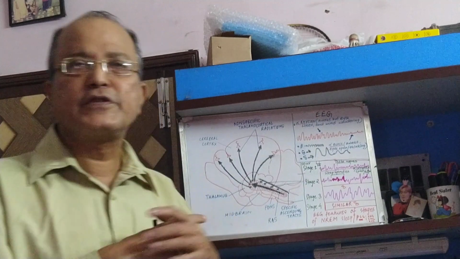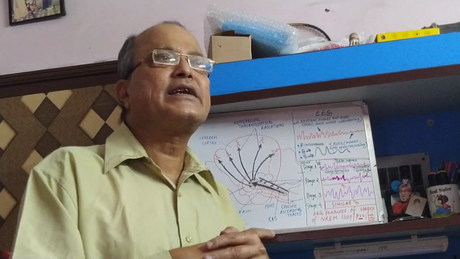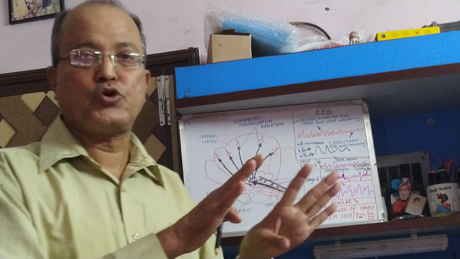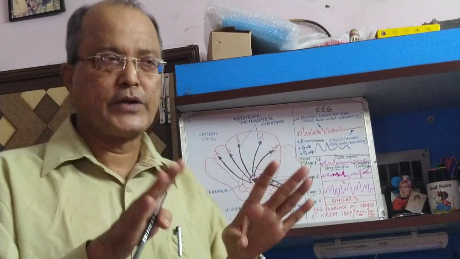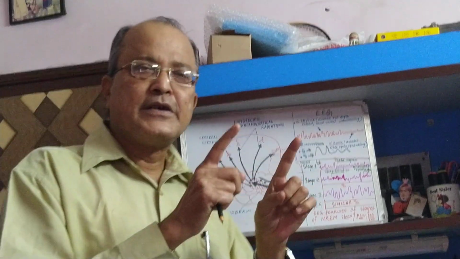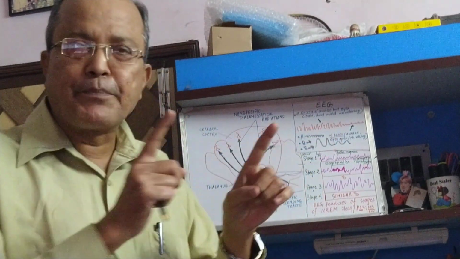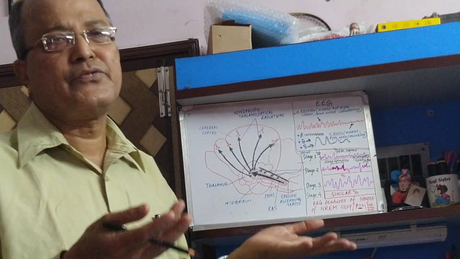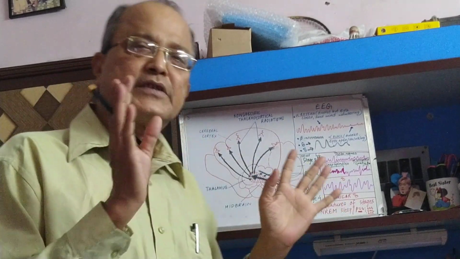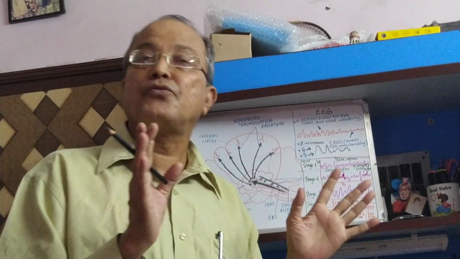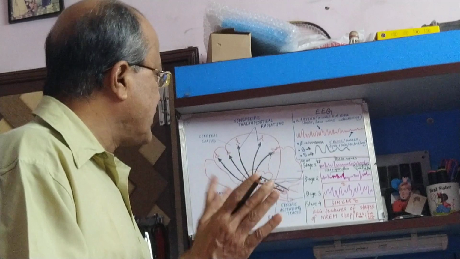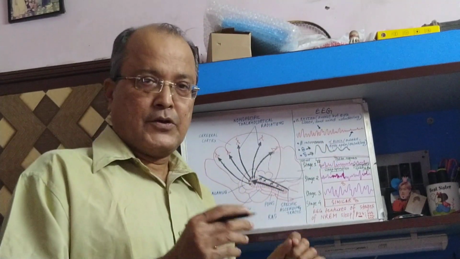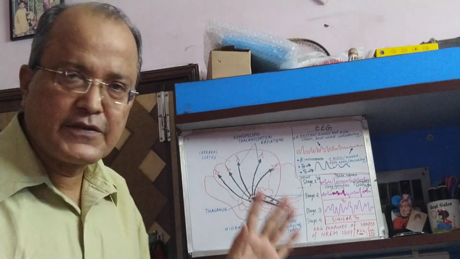Paradoxical means something which apparently looks normal but is not actually normal. So in paradoxical sleep the movements of the eyeball are very rapid, but the person's muscle tone is very low, the person cannot move any part of the body, and the stage of sleep is very deep.